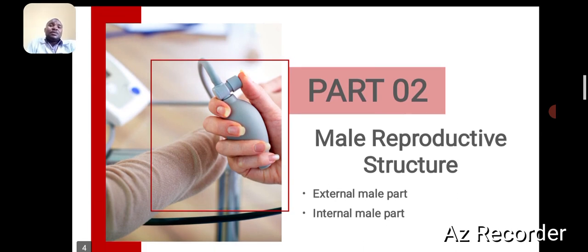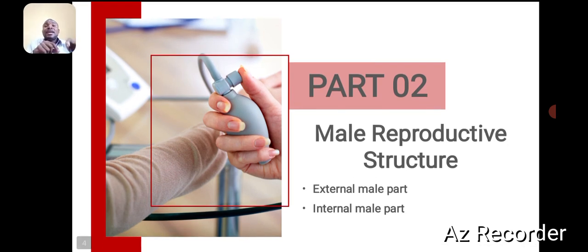Yes, this is becoming a rising concern because in a post I made some time ago, I shared with those on my WhatsApp channel that between 1973 and 2013, about 40 years, there was a report of a 60% decline in sperm count. You know what that means? If that continues, then human existence is at risk.